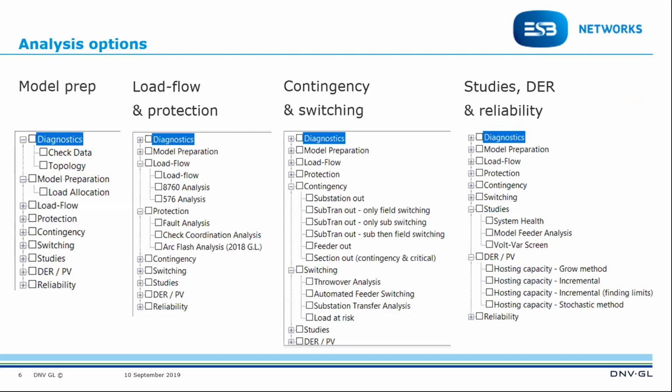You can do basic load flow and protection studies, contingency and switching, and then into other areas, DER, reliability, some of the system health and feeder analysis. So there's a wide range of studies. Now, clearly, I wouldn't expect anybody to want to do all of those in one analysis, but it allows you to tailor your set of studies to meet your study objectives.